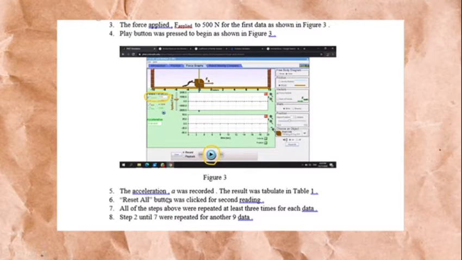The acceleration, a, was recorded and the result was tabulated in Table 1. After the first reading, we must reset everything by clicking the reset all button for the second reading. All of the steps above were repeated at least 3 times for each data. Step 2 until step 7 were repeated for another 9 data.